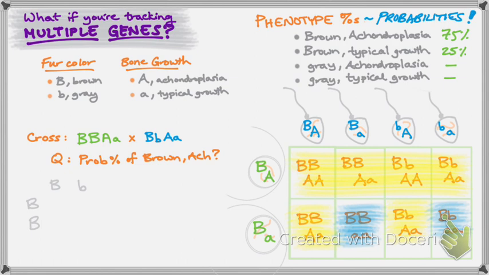If we do the two Punnett squares really quickly, and I know that most of you can do these pretty quickly at this point, if you write them out, what I want you to do is now calculate the probabilities of each of those characteristics separately. So what's the probability of the kids having brown fur? And if you look at that B Punnett square, all of the kids will have brown fur.